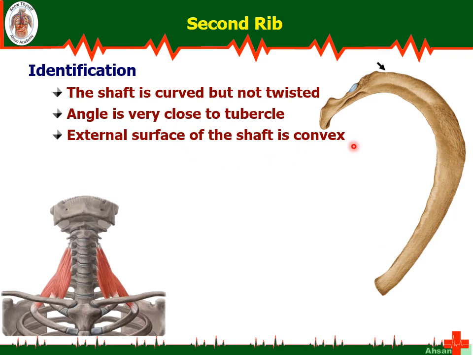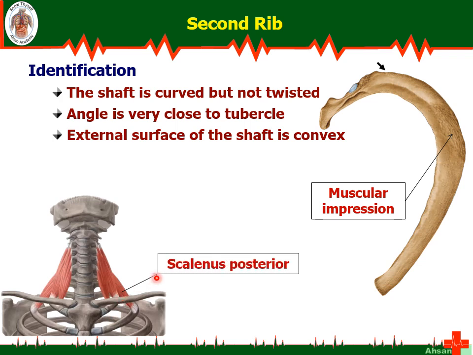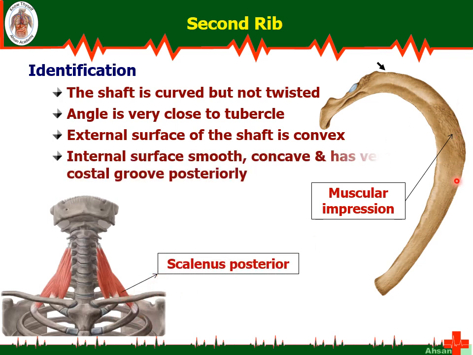The external surface of the shaft is a bit convex, not flat like the first one, and not outer like a typical rib. It has a very rough area on the outer part in the middle region. This is for muscle attachment. This is the area for the scalenus posterior, which is attached to the outer part of this rib.